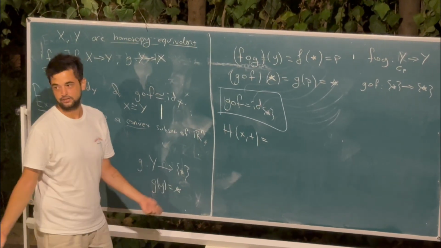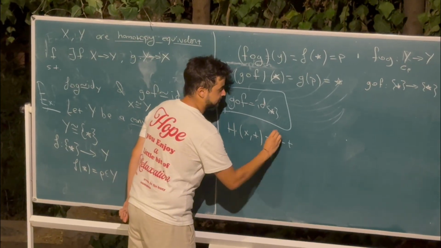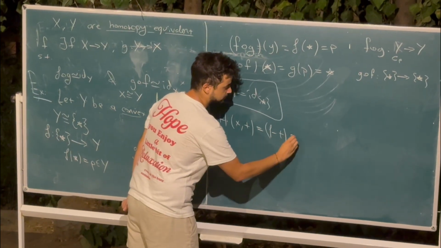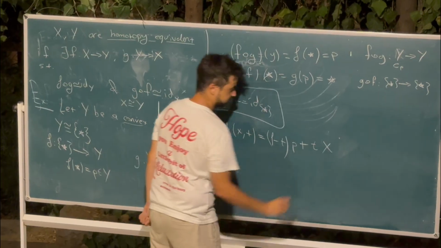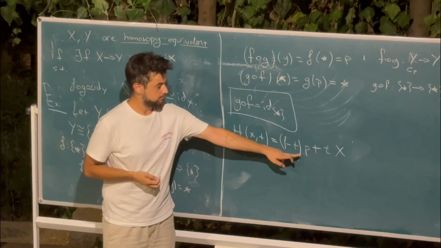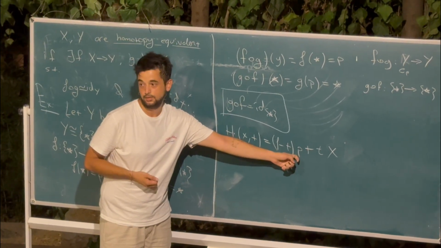Well, it's going to be the straight line homotopy: (1 minus t) times the constant p plus t times x. So at time 0, it is the constant map p, sending everything to p.